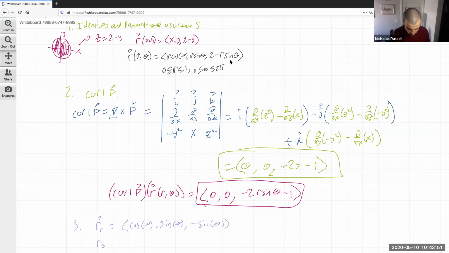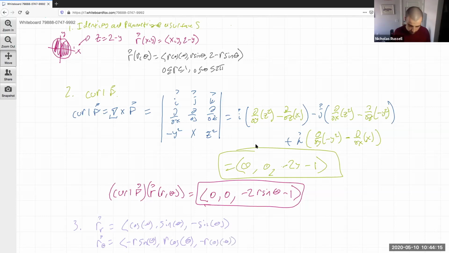Cool. If I'm taking this with respect to theta, this becomes negative r sine of theta. This will become just r cosine of theta. And lastly here, this becomes just negative r cosine of theta.